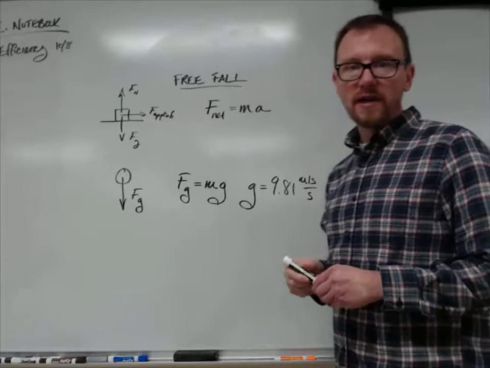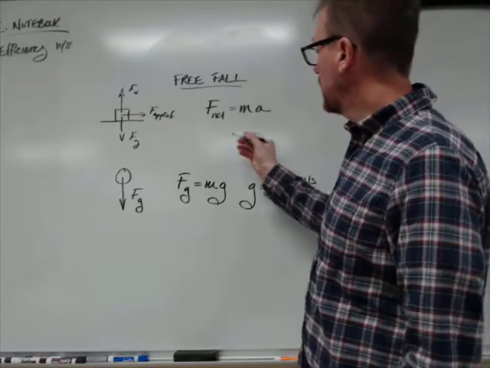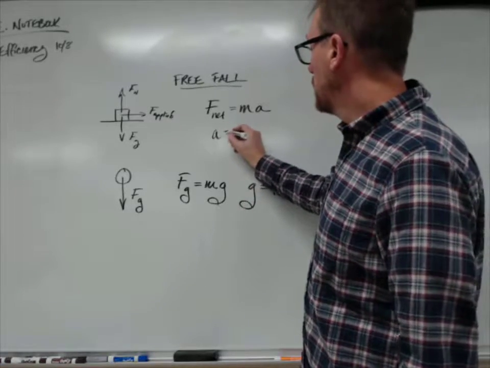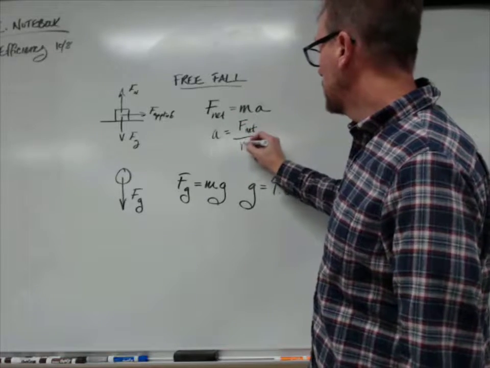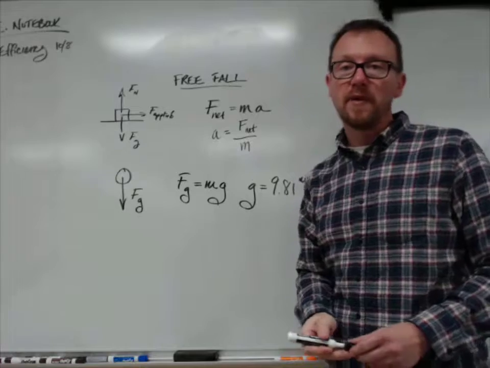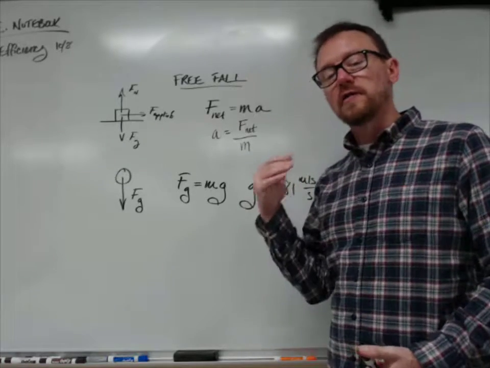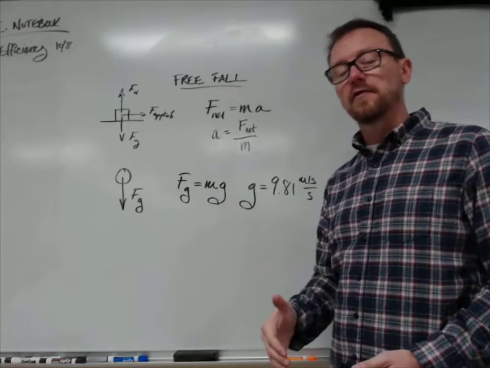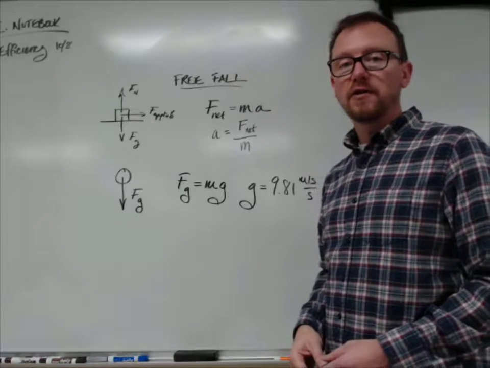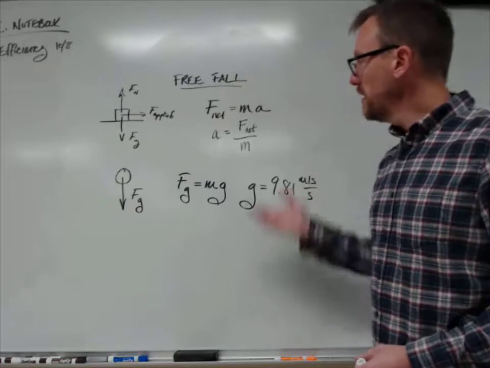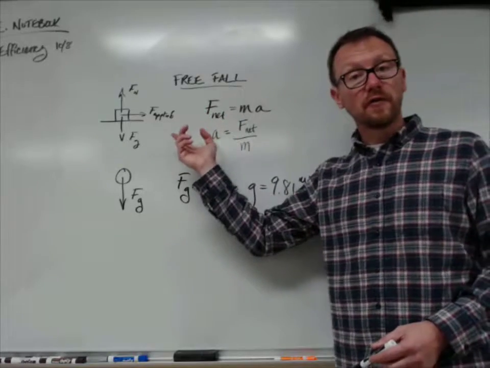So quite easily, to solve for the acceleration, all we would need to do is divide both sides by the mass. And so we have acceleration equals the net force divided by the mass. The net force is the cause of the acceleration, the mass is a resistance to the acceleration, and what's left over is the acceleration itself. So this is the situation we find ourselves in the first condition.